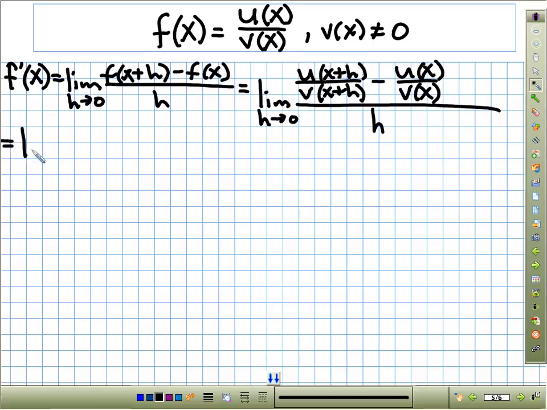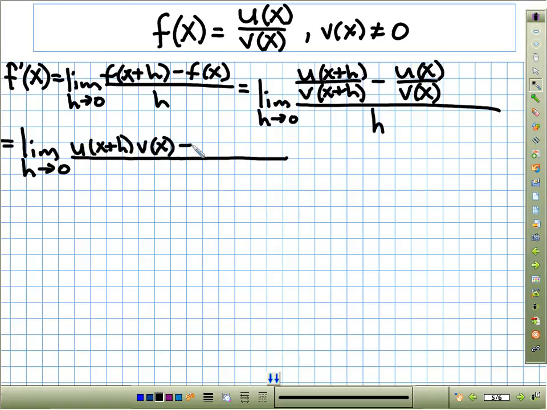What happens when we do that is the following. Notice when I multiply this first term by v of x times v of x plus h, the v of x plus h cancels, and I just get u of x plus h times v of x.